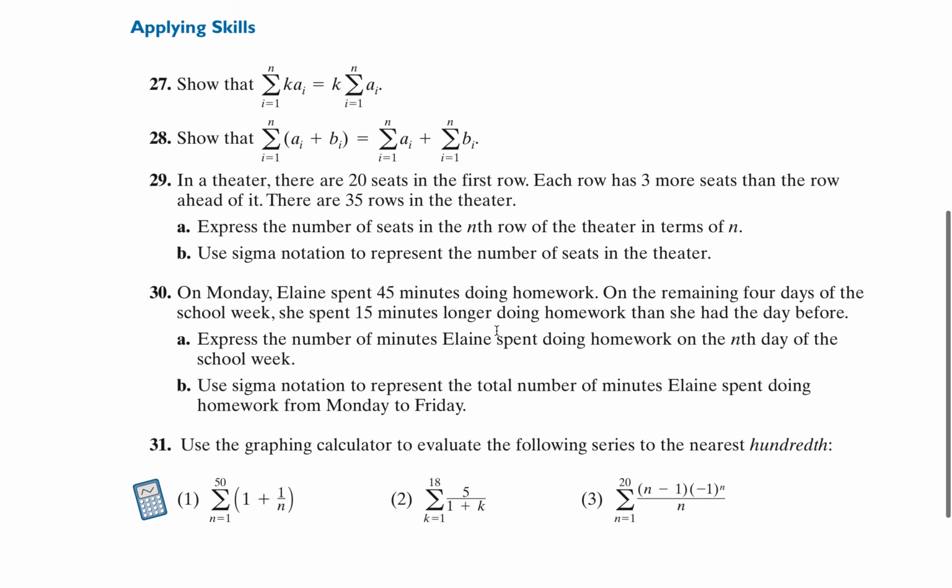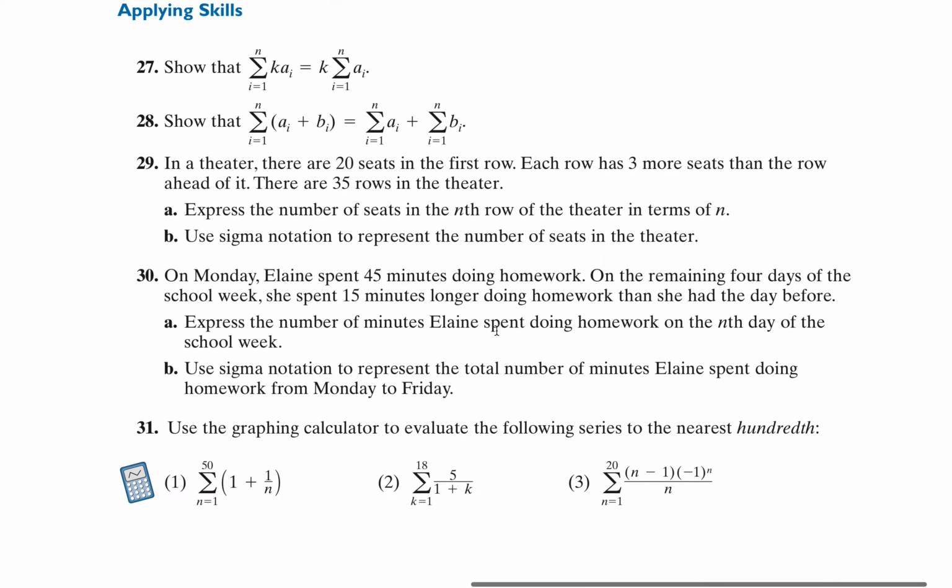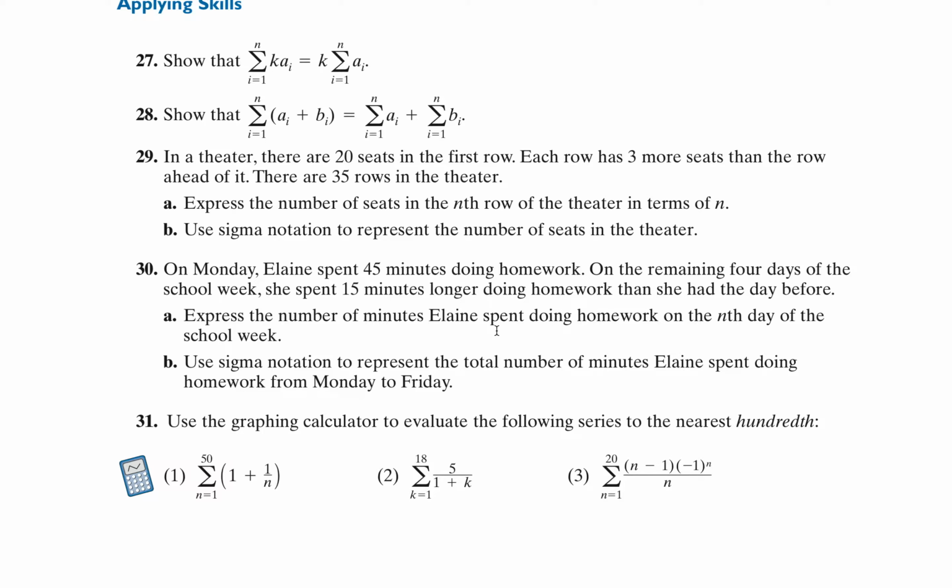Our task is to write this sum using sigma notation. The common difference is 15 and the first term is 45. So let k start from 1 to 7, because we've got 7 terms.